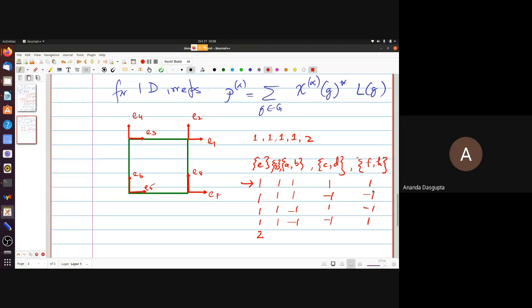It means that we want to talk about a particular kind of molecular displacement which does not change when you do identity, which is of course trivial. Nothing changes when you do identity, but it does not change when you do G. That does not change when you do A, B, C, D, or F or H. So it does not change under a 90-degree rotation, a 270-degree rotation, or a 180-degree rotation, all of them.